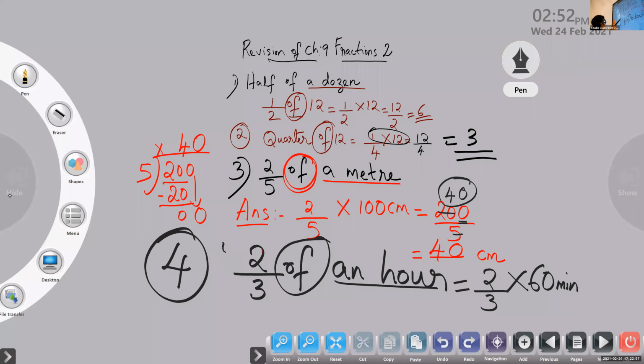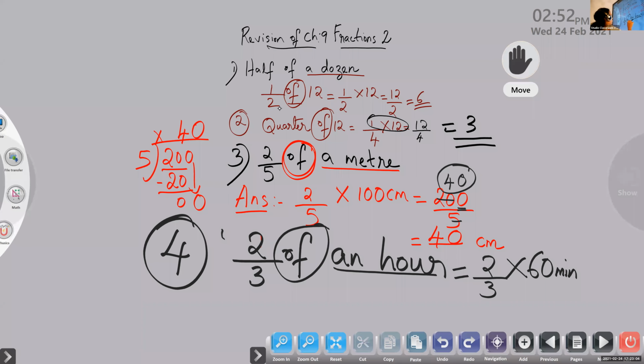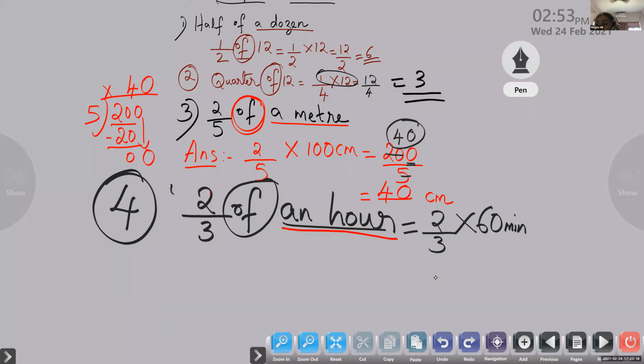So children, 2 by 3, how do you have to write now? 2 by 3 times 60 minutes. 1 hour is equal to 60 minutes. So what do we have to write now? 2 by 3 into 60. So 2 into 60 we can write. 6 twos are 12. So here we have 120.